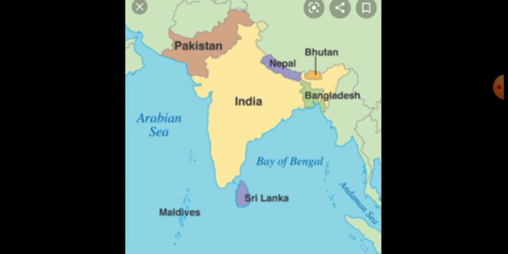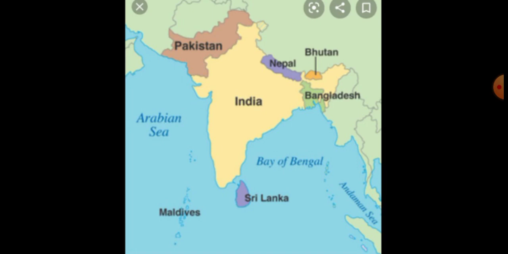Which is the first most populous country? China. India's present population is 1.38 billion.